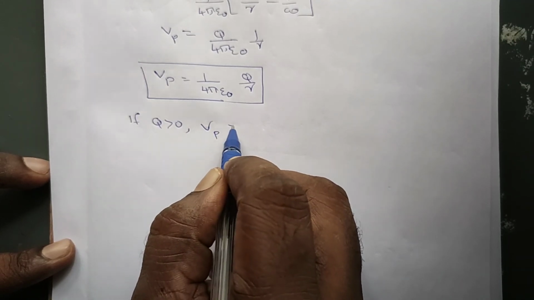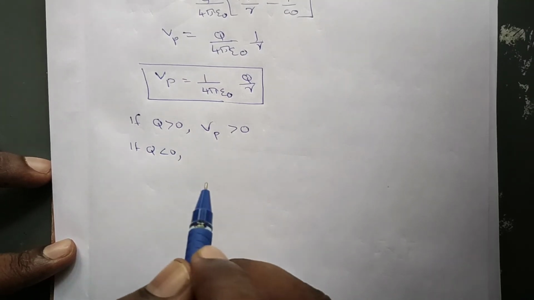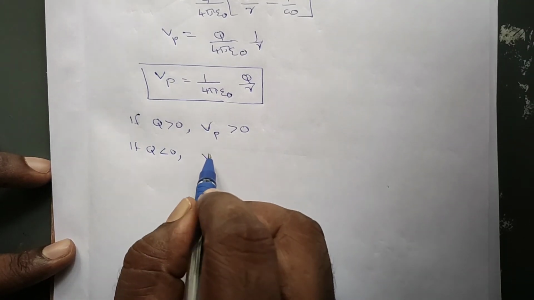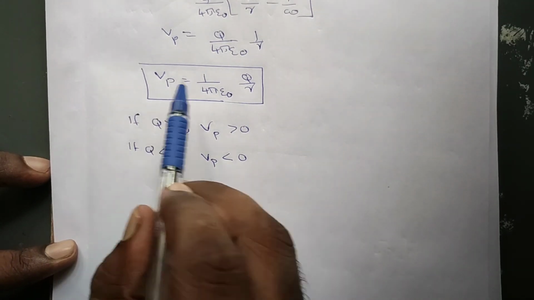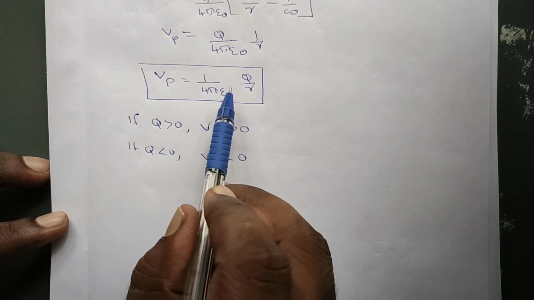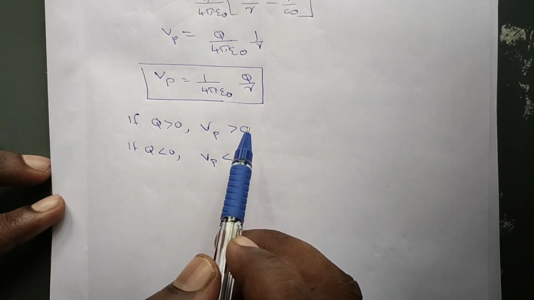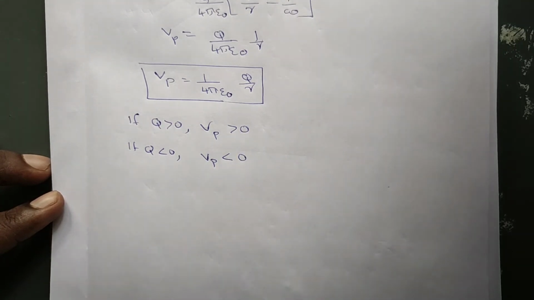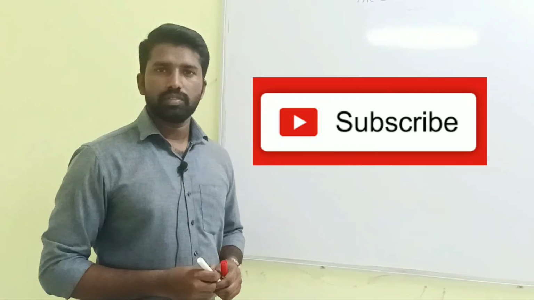Vp is to be greater than 0. If Q is less than 0, that means for negative charges, Vp is less than 0. Here you see that electric potential is inversely proportional to distance. That means as the distance from the Q charge increases, the electric potential value decreases. Clear? This is the electric potential due to a point charge.